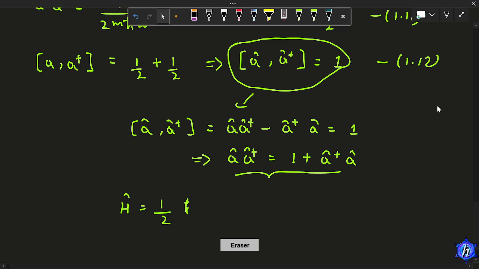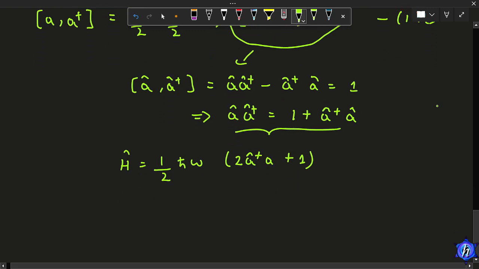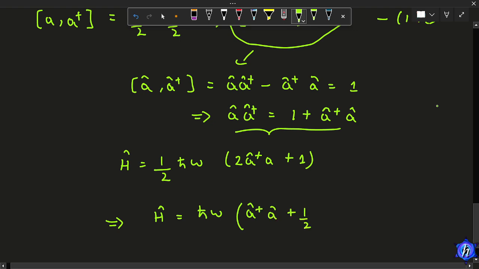H hat is h cross omega over 2 times (2 A dagger A plus 1). So this is nothing but h cross omega, and I'll just multiply this half inside and we'll get A dagger A plus half.